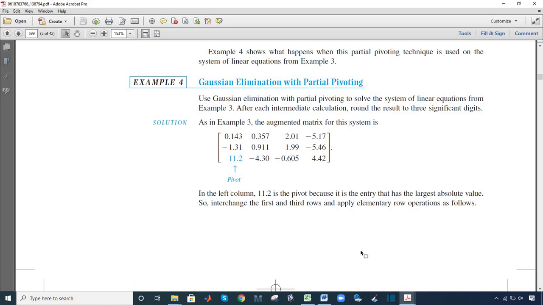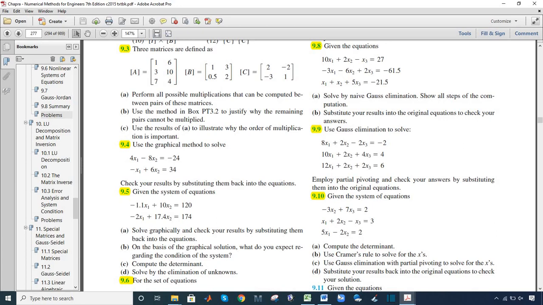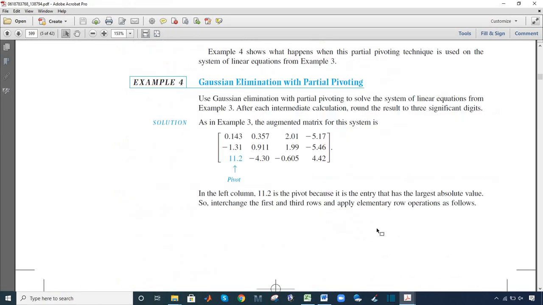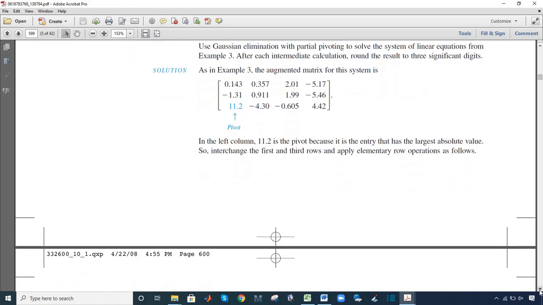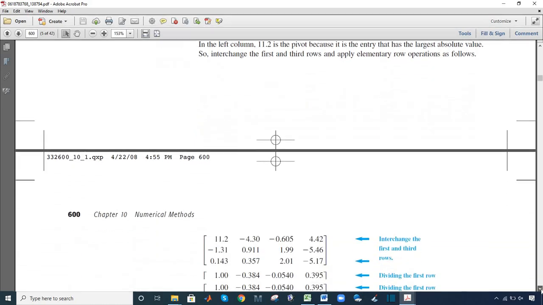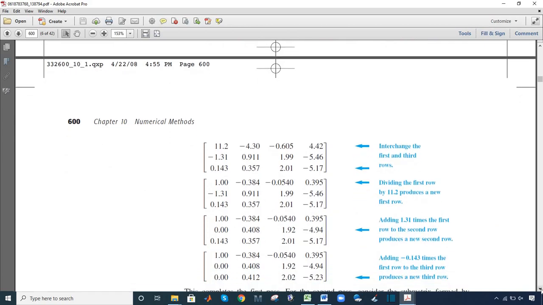This example is different from the question given in the book, but the explanation is better here as compared to other books, so I put this explanation here. So you have to replace row 1 with row 3 so that the pivot element should be A11.